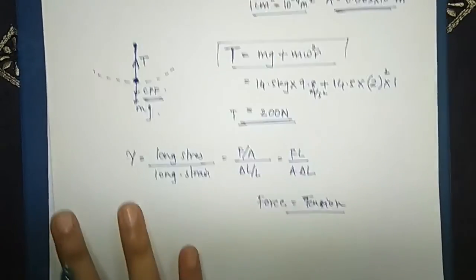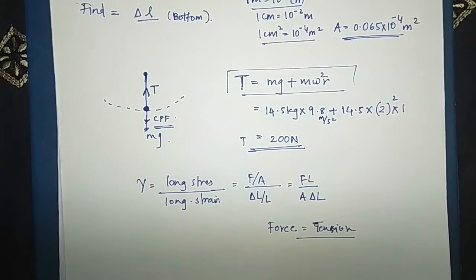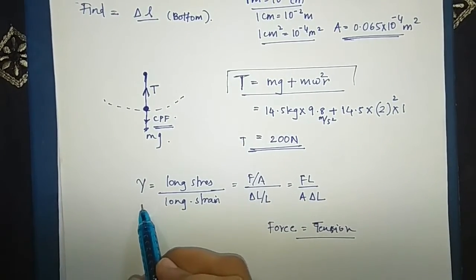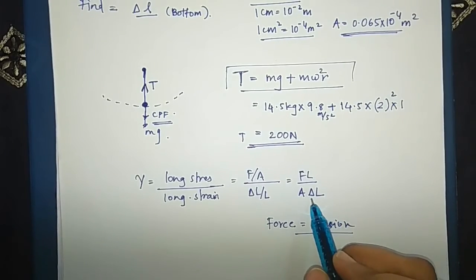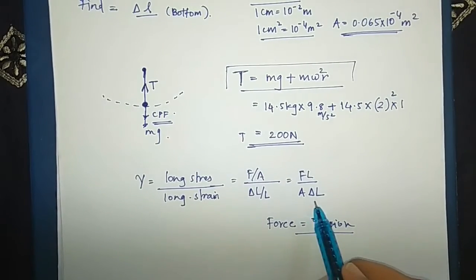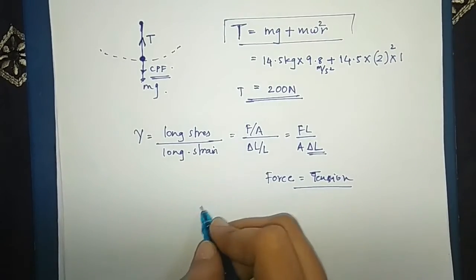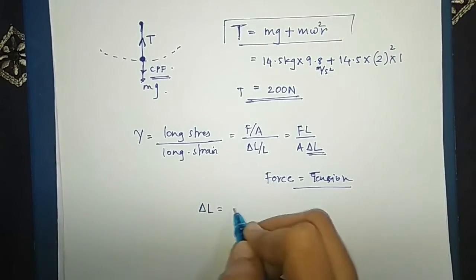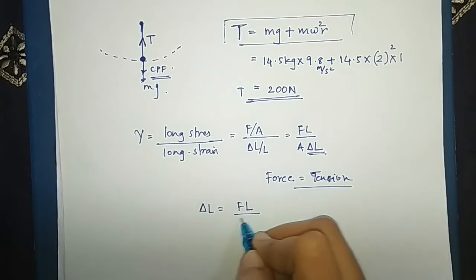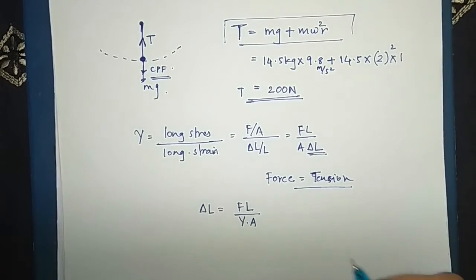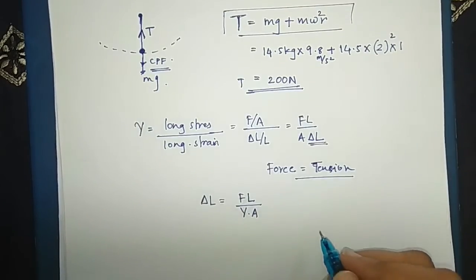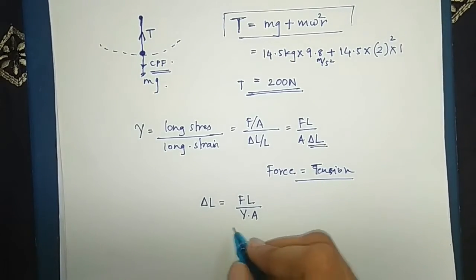Young's modulus can be known from the table given in the NCERT textbook. So Young's modulus is known, and every other value is known, so just the delta L, the elongation, has to be found. Let's take delta L to the LHS, which will be FL upon Y times A. The tension is 200 Newton.